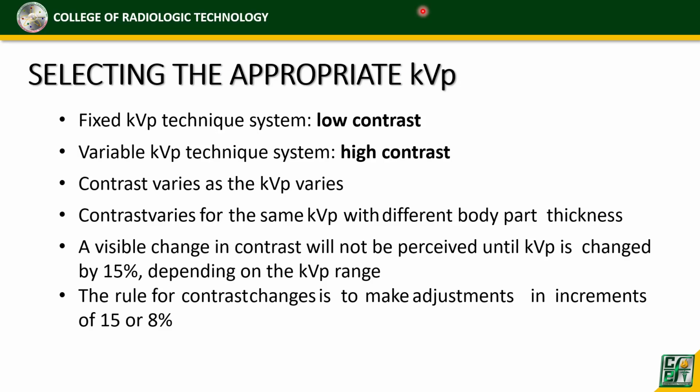Compensate kasi nga when you increase MAS, bababa yung contrast niya. Kasi bababa yung contrast, mas iitim yung film, di ba? So, maaaring bumaba ang contrast kapag tinaas mo ang MAS nang hindi mo binabago yung KVP mo.